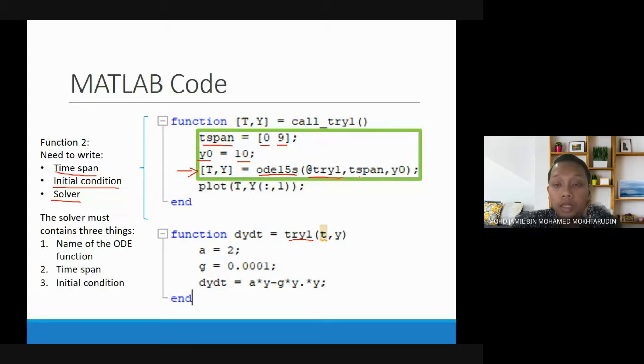The second component of ODE15S is the time span. It will use this time span value to solve the ODE. And lastly is the initial condition. It will use the initial condition you wrote here to solve the ODE. So you must remember that the solver must contain three things: the name of the ODE function, then the time span, and then the initial condition.